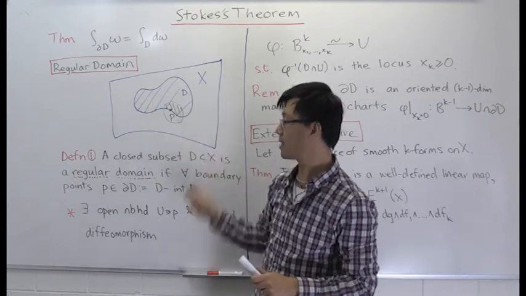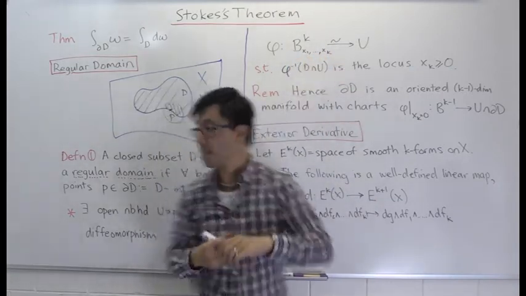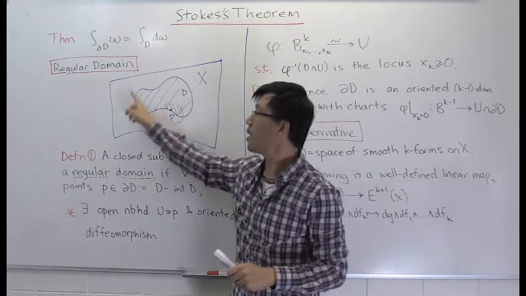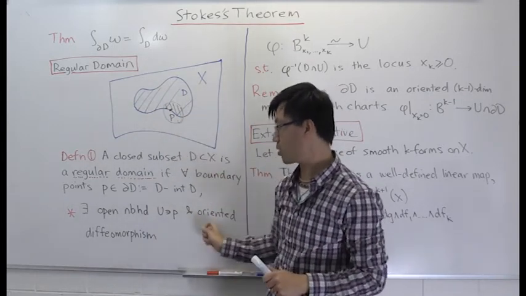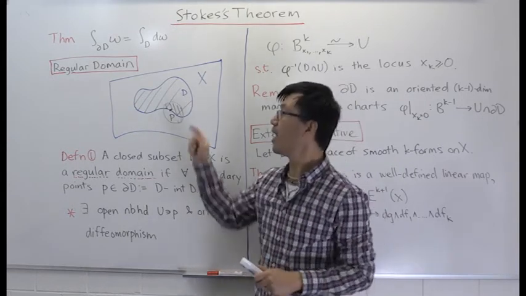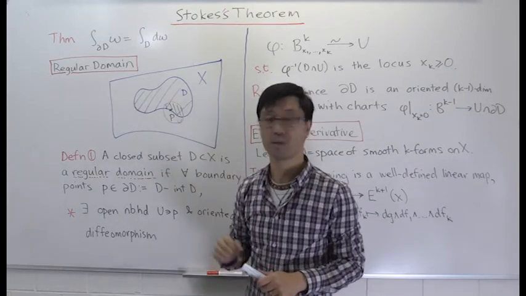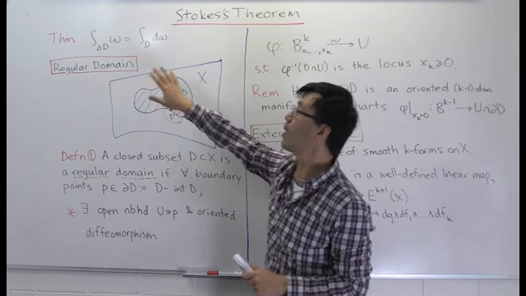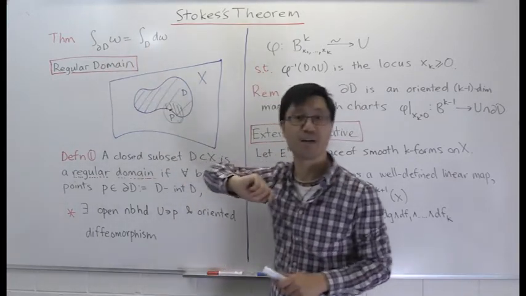Of course, the fact that these are diffeomorphisms means that these all patch up nicely with smooth transition functions, and in fact they're going to be oriented as well because we assumed this is an oriented diffeomorphism, and hence we get the structure of an oriented manifold on the boundary. So we've defined a regular domain and also its boundary, so we can work out that part of the formula.